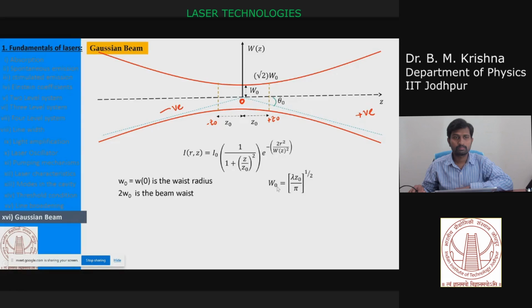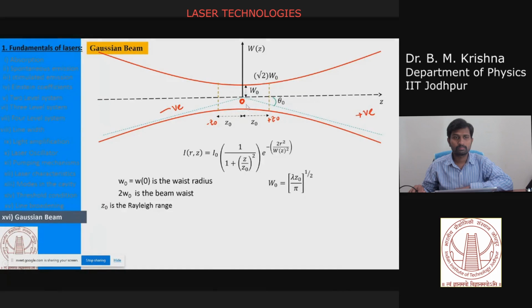So your W naught will be as short as possible when you tightly focus it. Okay, so now your z naught is called the Rayleigh range. The Rayleigh range means the distance from the focal spot to where the beam size, or your W naught, the beam width radius, will increase by root 2 times.